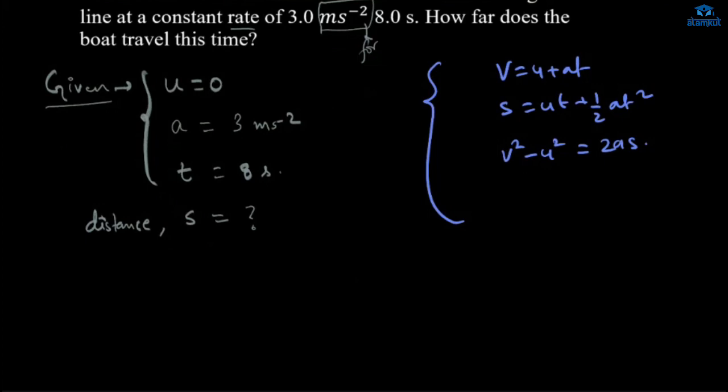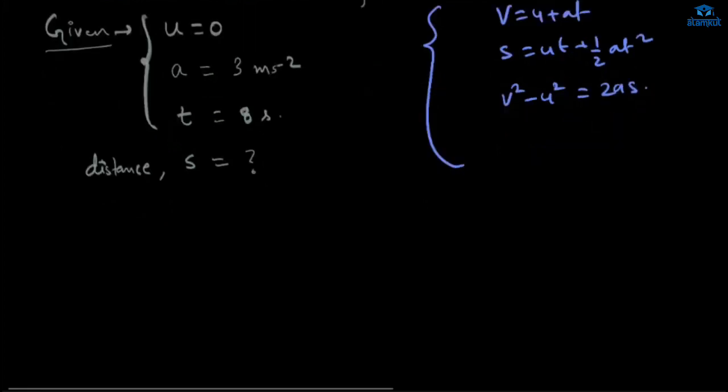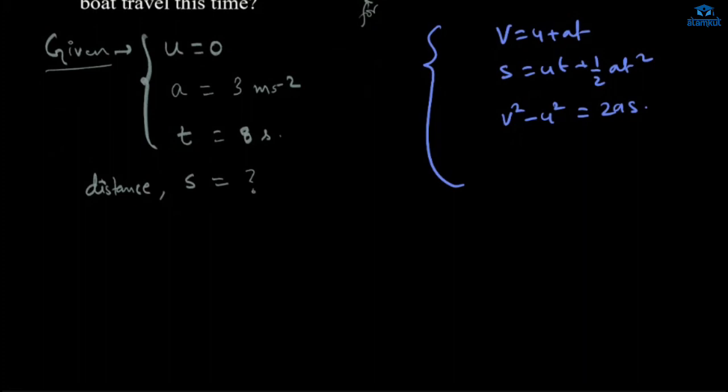We will use one of these formulas. We could first use v is equal to u plus at to find v, and then use the v, u and a values to find s, but it will be lengthy. Also, we can directly use this formula to find s.